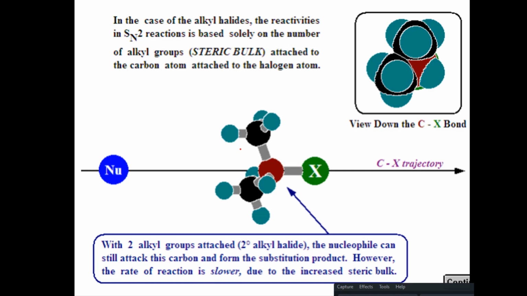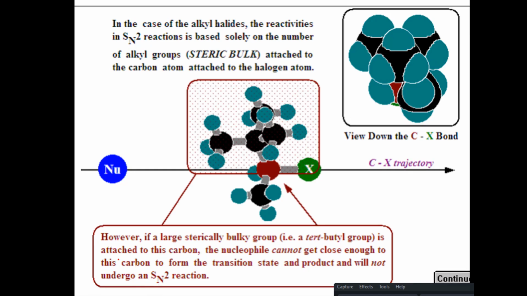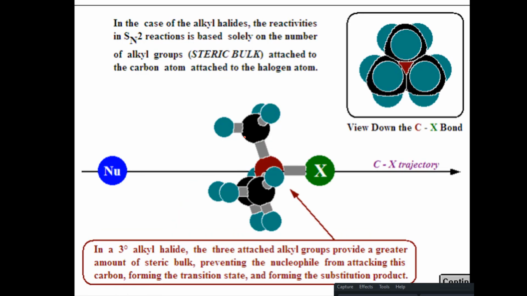So now let's go to a secondary. Put 2 methyl groups here. You can see now I'm cutting down on the ability of the nucleophile to get to that carbon. If I go to a tertiary, or if I make a really big sterically hindered molecule like this tert-butyl group, now I've almost completely blocked it. And this would not undergo by SN2, nor would a tertiary halide with 3 methyl groups. I can't really get to that carbon, and so if the backside attack is the mechanism, then this tertiary halide would not undergo SN2, which it doesn't.